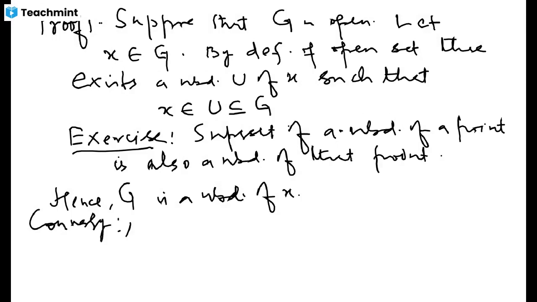And to show that G is open, we have to apply the definition of an open set. The definition of an open set is that each point must have a neighborhood which lies again inside G. Let us choose an element y in G, and let U equal G. By hypothesis, G is a neighborhood of y.